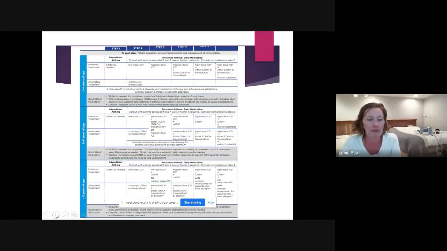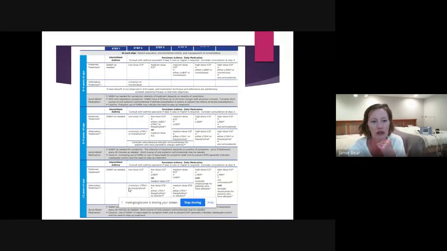So here, looking at 0 to 4, 5 to 11, and then adults greater than 12. Here we have our step up in controller medication. So let's look at the adult category here. It says SABA as needed, that's your albuterol. And then here, remember with asthma, all those inflammatory cells are a big deal of its pathophysiology. So that's where you would do a low dose inhaled corticosteroid right away.